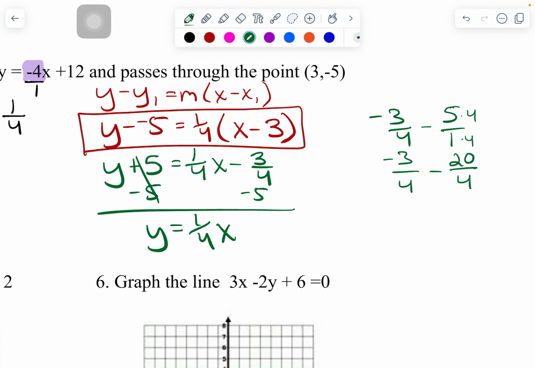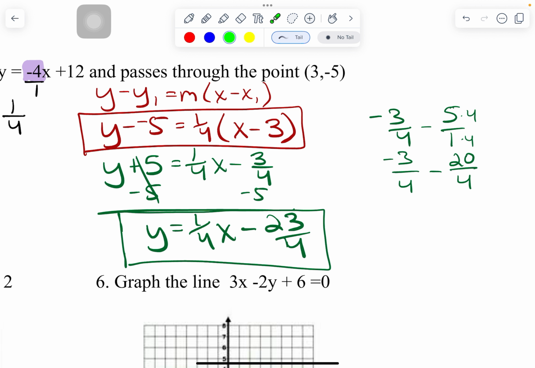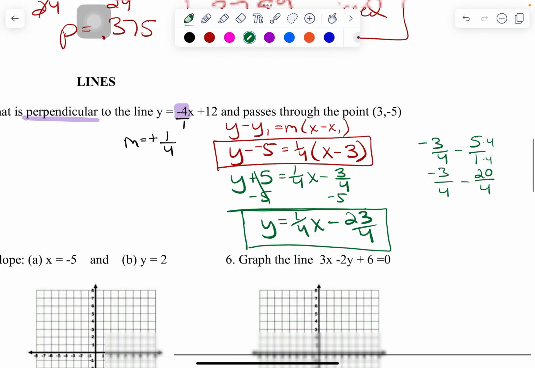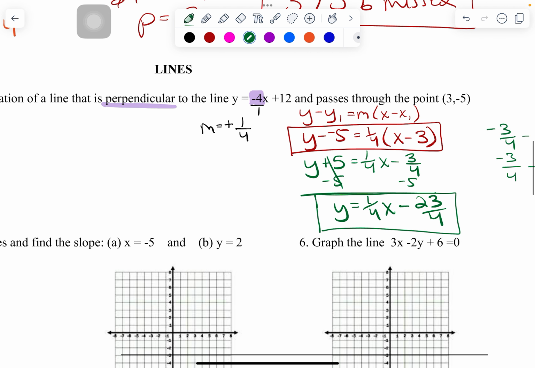So negative 3/4 minus 20/4 would be negative 23/4. Okay, that is definitely not going to be a fun line to graph, but as far as writing the equation, yeah, this is going to work. Okay, so that's the perpendicular part right there.